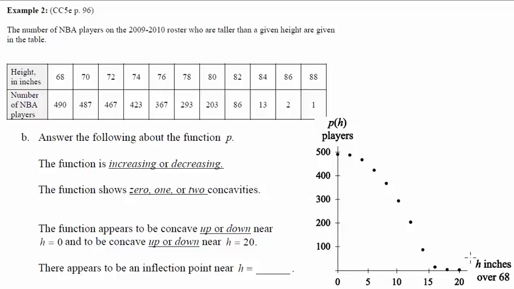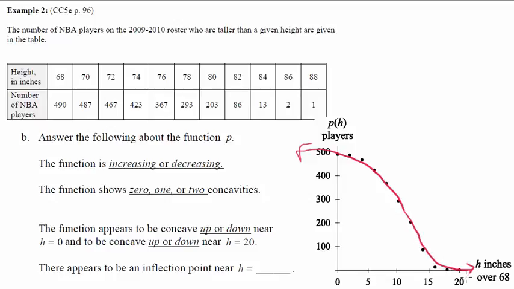Okay, now here they aligned the data to how many inches over 68, which isn't terribly important for us, but what we want to see is this shape. So what I think is important is if you saw this shape here, where I start off concave down and switch to concave up.